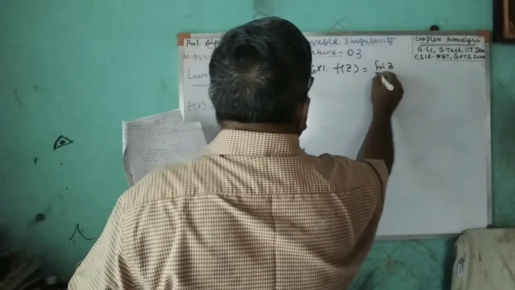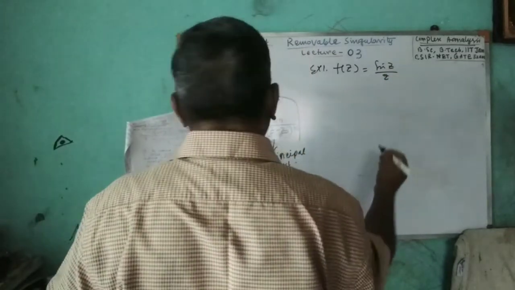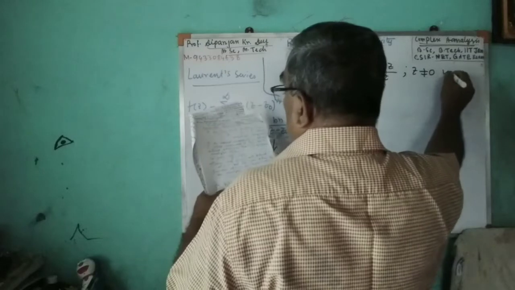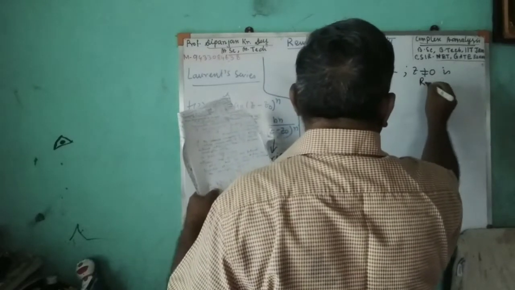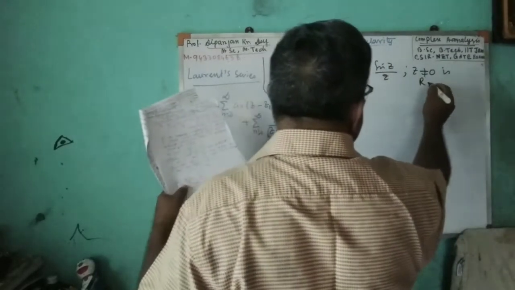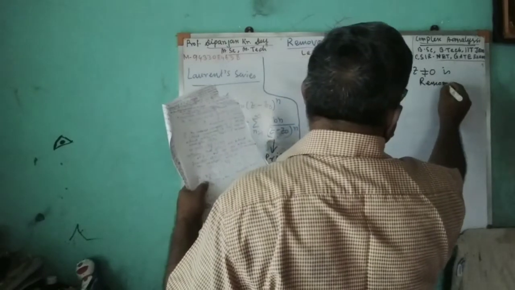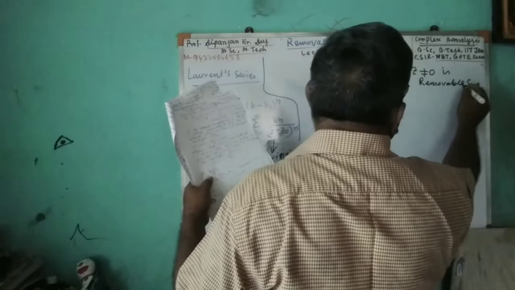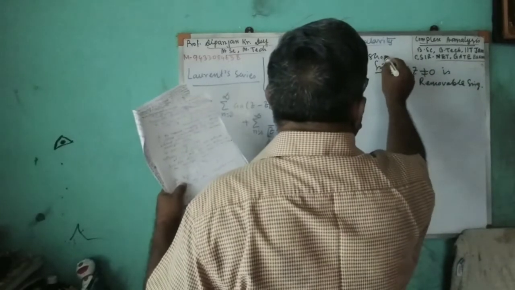You see, sin z by z, at z not equal to 0, is a removable singularity. Show that.